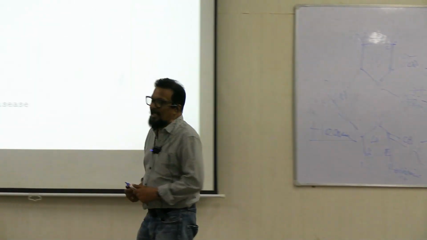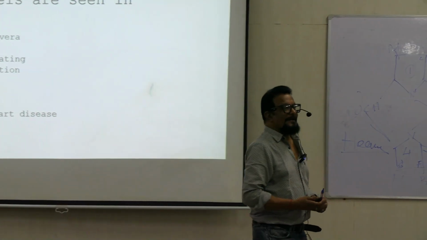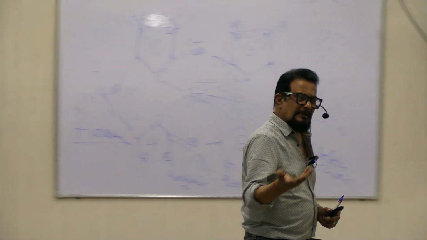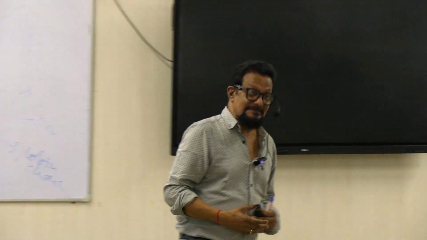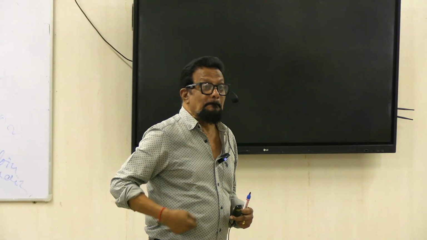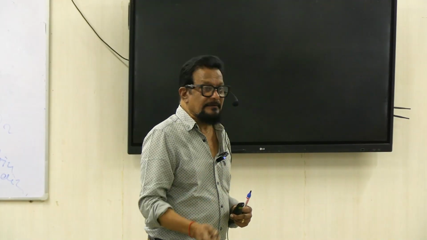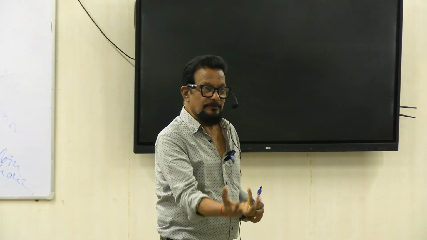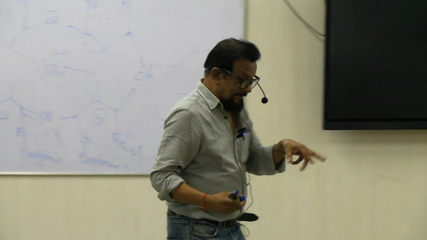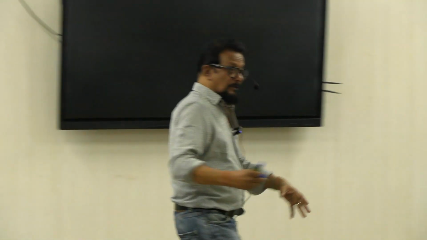Hemodilution, as in pregnant women, they become anemic. Hemoglobin is less, but they make RBCs at a faster rate. Even then their hemoglobin is less. Why? In the pregnant woman there is the reverse: edema, more fluid accumulation.